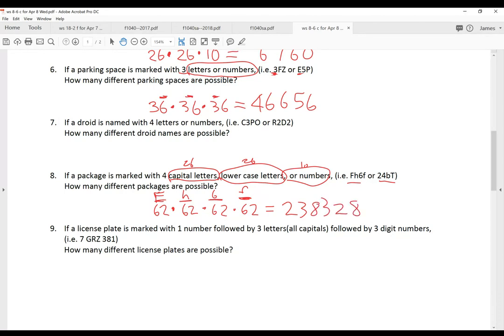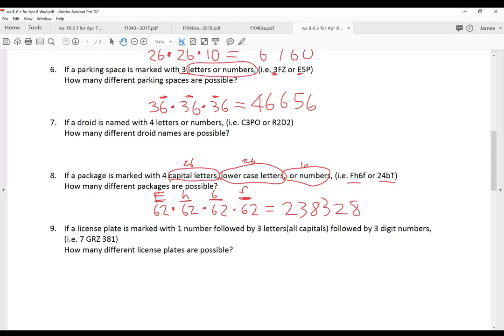So like imagine, packages sent through UPS or Amazon or FedEx. Well, there's millions of packages, right? So if you only have 4 spaces, you could have 238,000 different packages. But if there's more, like 2 million packages, then you don't have same name for 2 different packages.